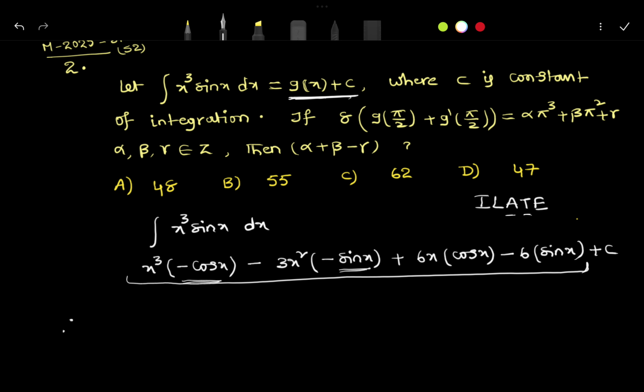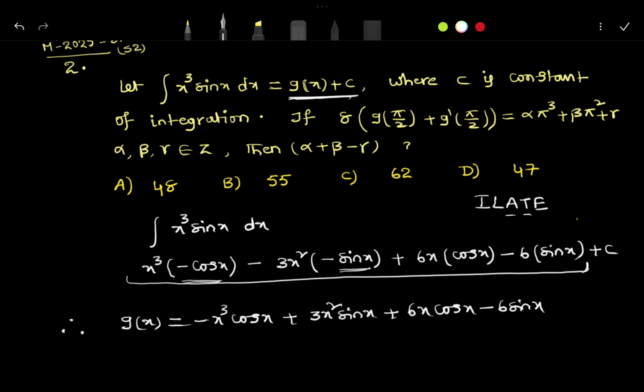Therefore g of x is equal to minus x cube into cos x plus 3x square into sin x plus 6x into cos x minus 6 into sin x. Now this is the g of x value.